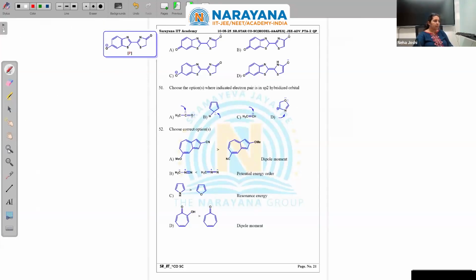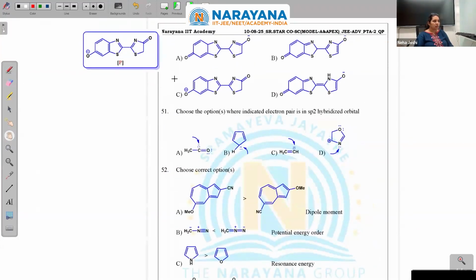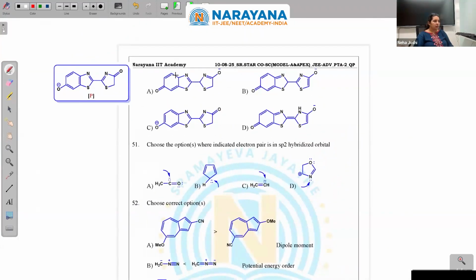Now, if I compare the given structures in this one, there is 2 sigma bond gap. Well, that is also not a problem. But where did this bond go? If it goes like this, then this should have been a positive charge, which is not there. So this cannot be the resonating structure. Moving to next.